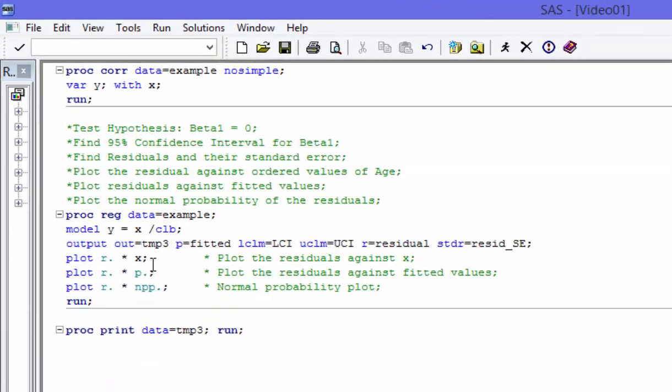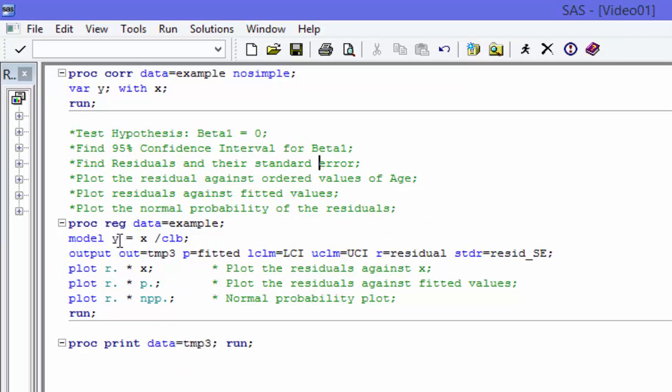Our model is y equal to x, because that's what our variables are named, y and x, and we're going to get our confidence intervals for the beta, and we're going to output the predicted values, the fitted values, the confidence interval and residual, and the residual standard error. We're going to plot the residuals against x, the residuals against the fitted, and the normal probability plot.